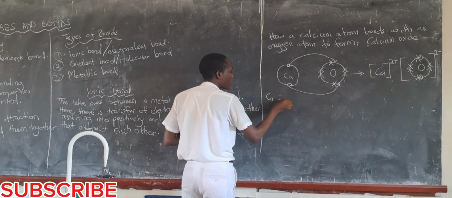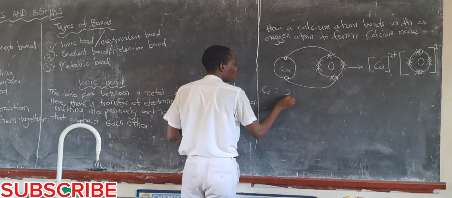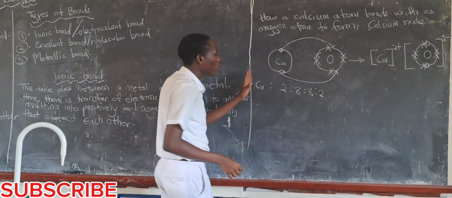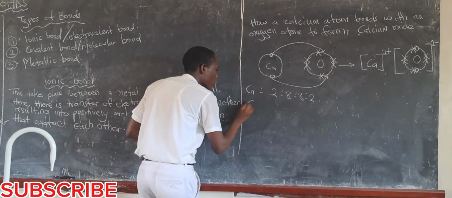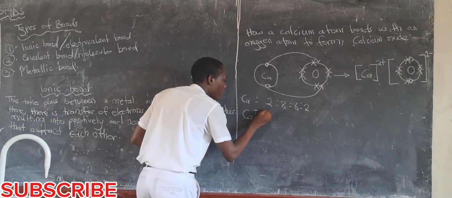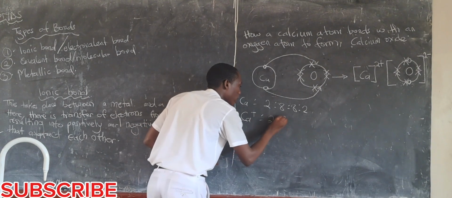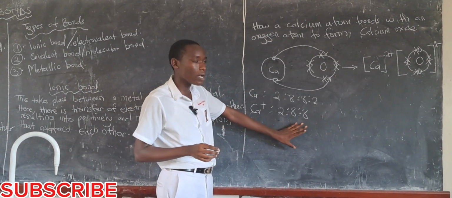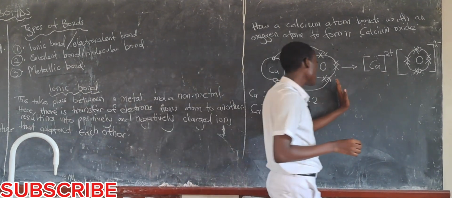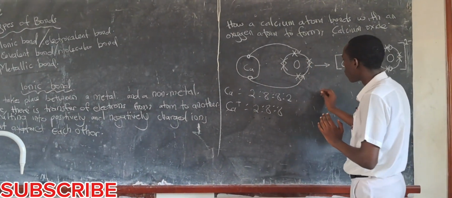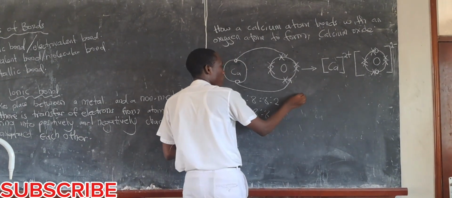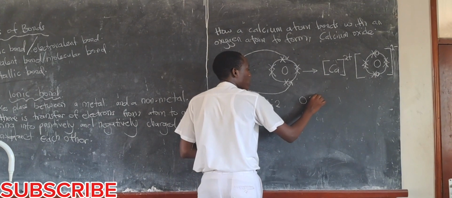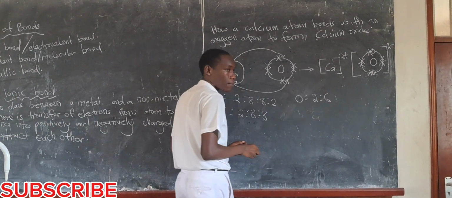At first, it was having an electronic configuration of 2, 8, 8, 2. When it donates these electrons, now forming a calcium ion, we get 2, 8, 8. And now it has obtained a stable electronic configuration. Whereas this other element, oxygen, before reacting, was having an electronic configuration of 2, 6.